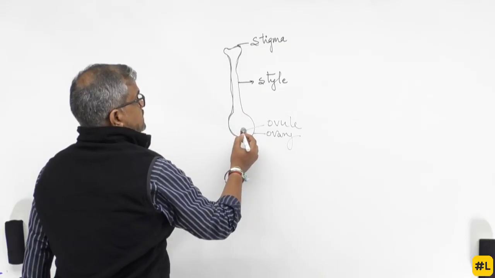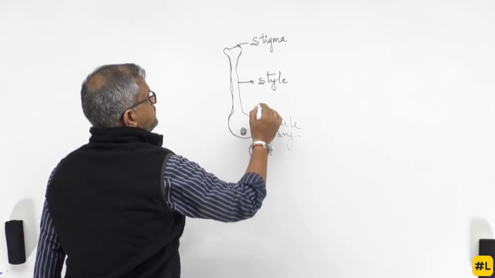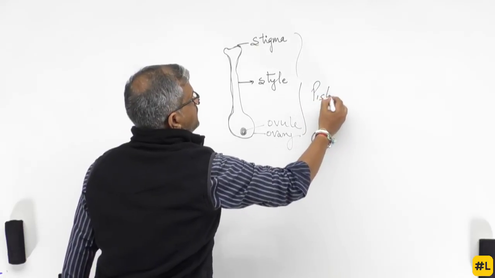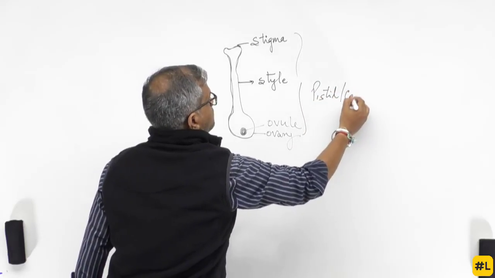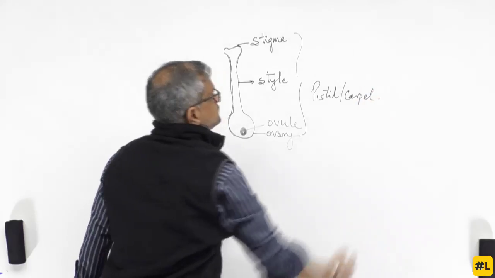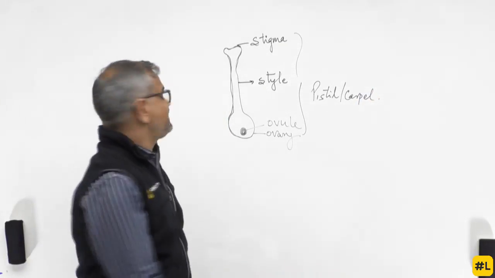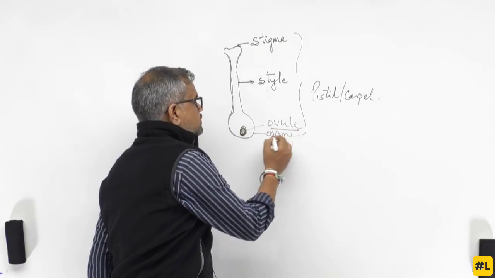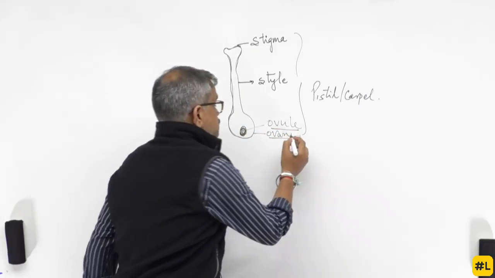Now, I will be talking about this complete structure today, that is what you call the pistil or carpel. In this, the most prominent structures we are talking about are the ovule and ovary.